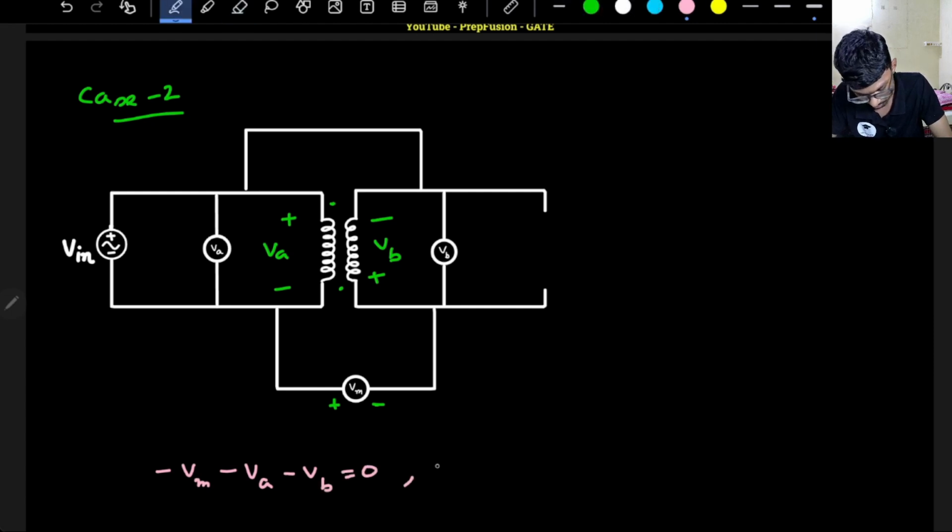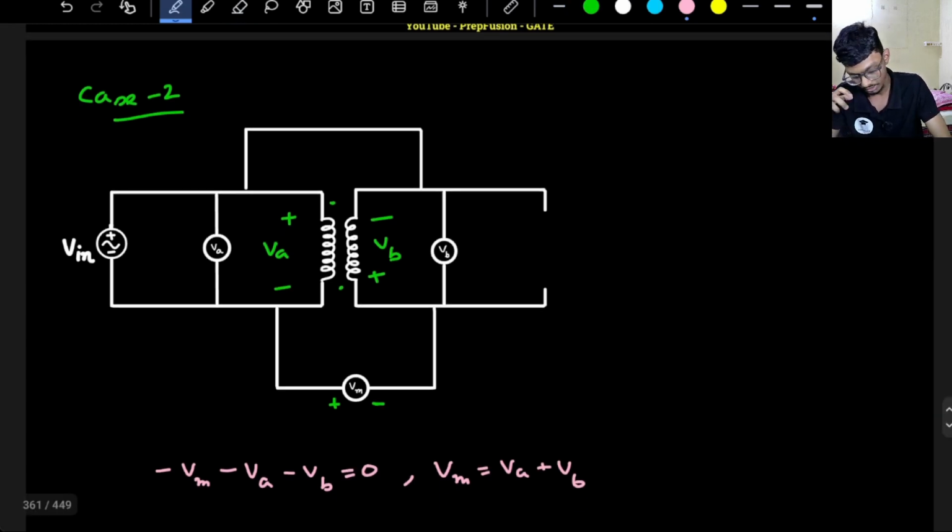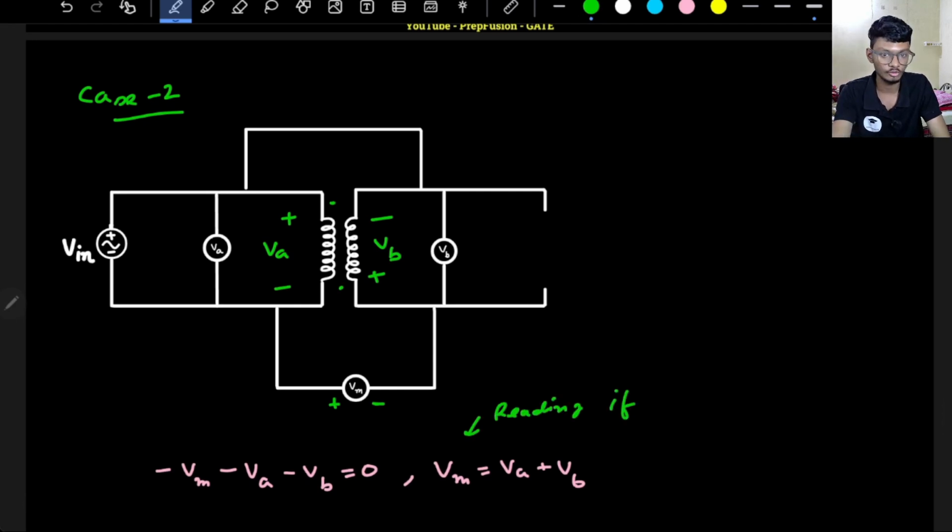So Vm is equal to Va plus Vb. So Va is equal to Vm plus Vb. I hope you understand this point, that this is the reading of the voltmeter. If dots are not connected, then the reading of the voltmeter will be additive in nature.